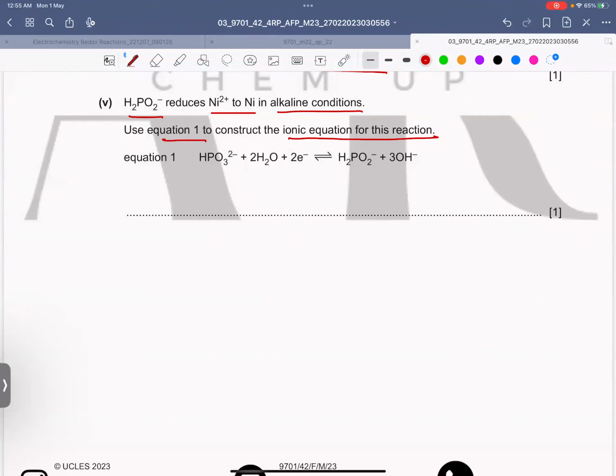Okay. So how would you make this? See, here they have told you that nickel reduces to nickel. Nickel 2 positive ion, sorry. Nickel 2 positive ion.